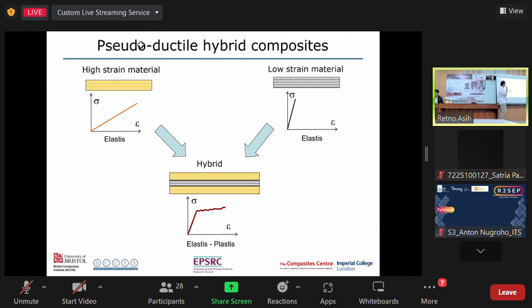Yeah, this glass is 0.15, so this carbon is 0.03 millimeter. So the thickness ratio needs to be tuned, and also the stiffness ratio between the carbon and the glass needs to be tuned. So the stiffness and strain ratio.